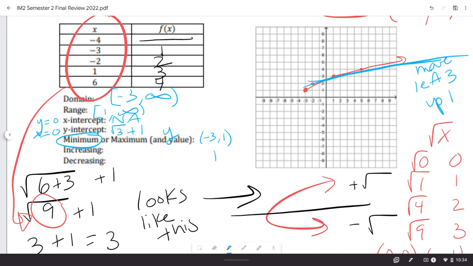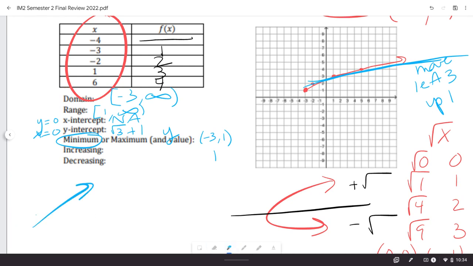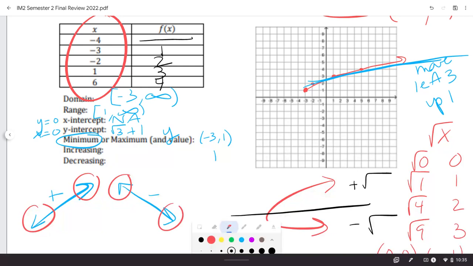Increasing, remember increasing, it's a positive line. So this is an increasing shape. This is a decreasing shape. You've got to look at the end behavior. You'll learn about that next year in Math 3. So end behavior. And it looks like it's going to be increasing.